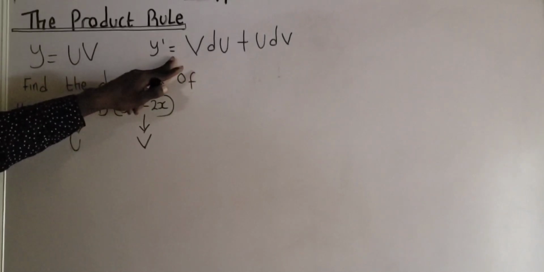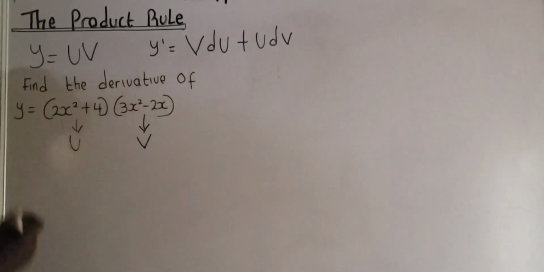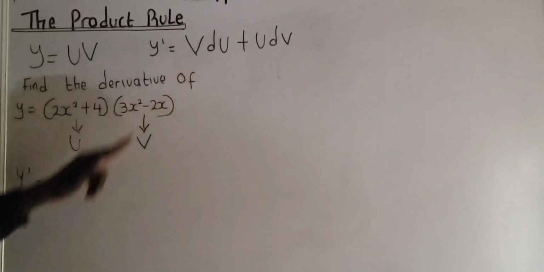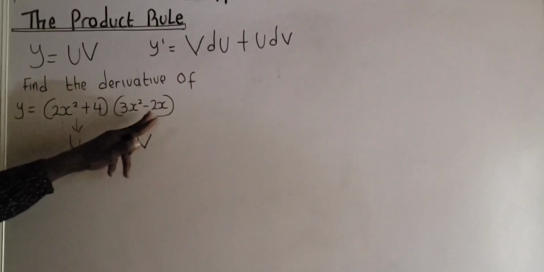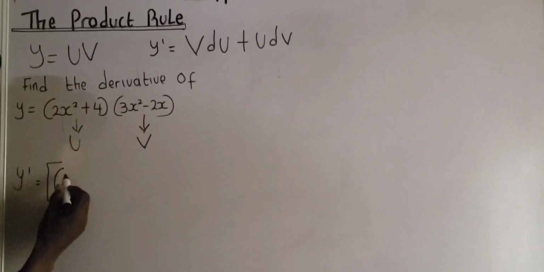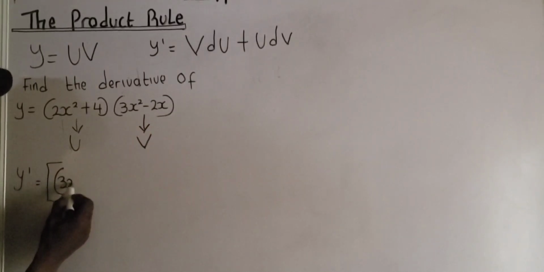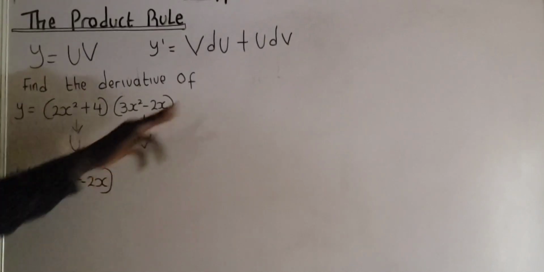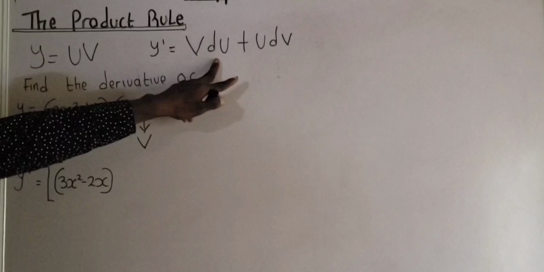If you want to take the derivative of y, v is what? V is 3x squared minus 2x. So I'm going to open a big bracket. I'm going to have 3x squared minus 2x multiplied by the derivative of u. Are you getting it?